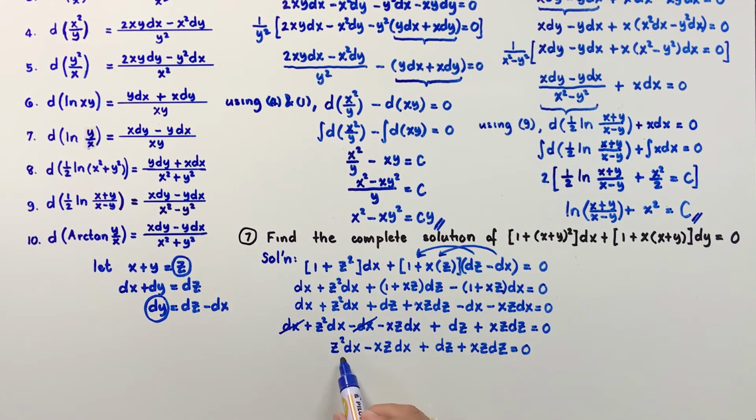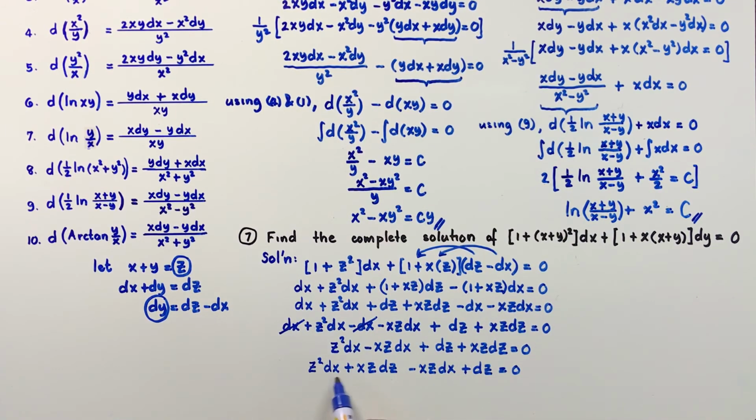Now if we group the first term and the last term here, we have z squared dx plus xz dz minus xz dx plus dz, and this is equal to 0.